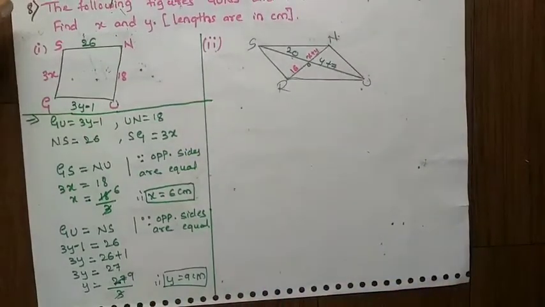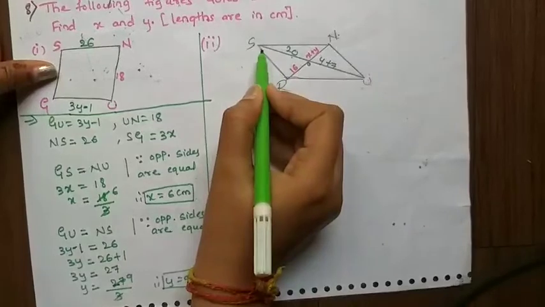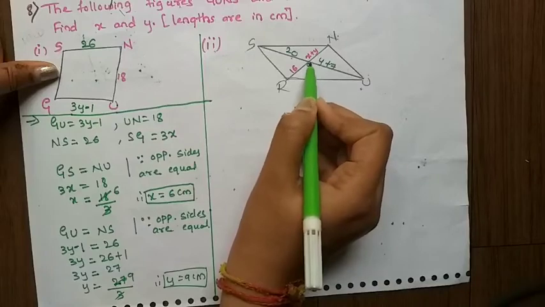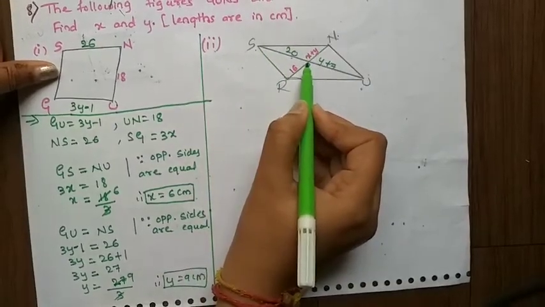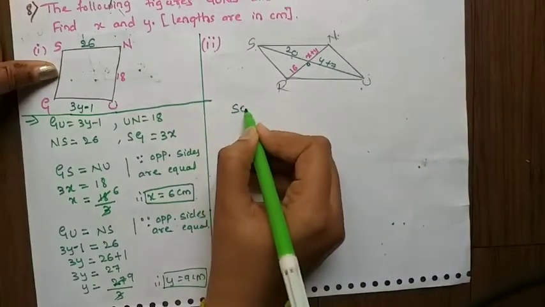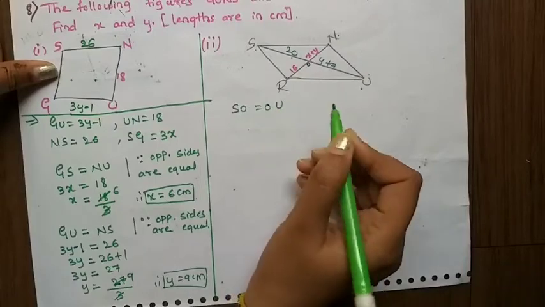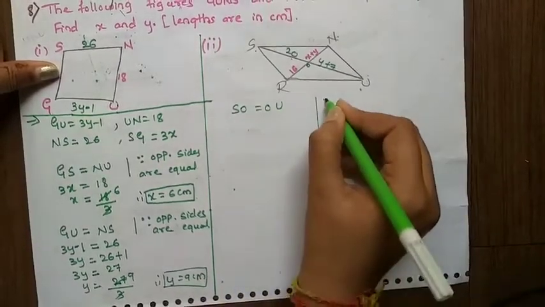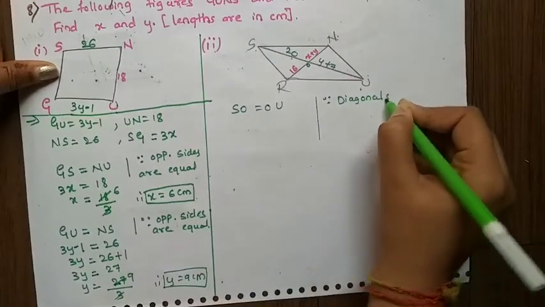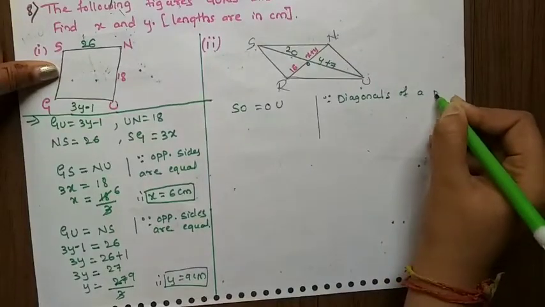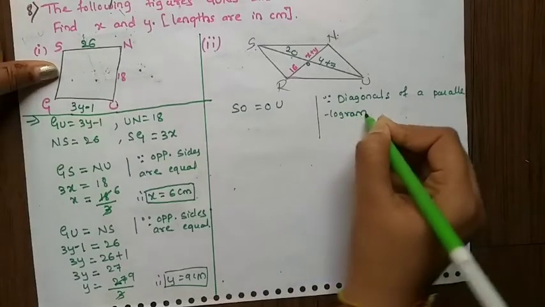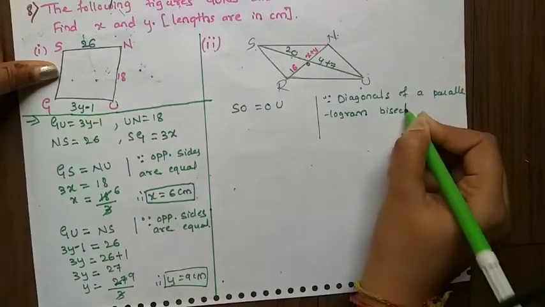Here the condition is that the diagonals bisect at the point O. I am naming the intersection point O. So SO is equal to OU because the diagonals of a parallelogram bisect each other.